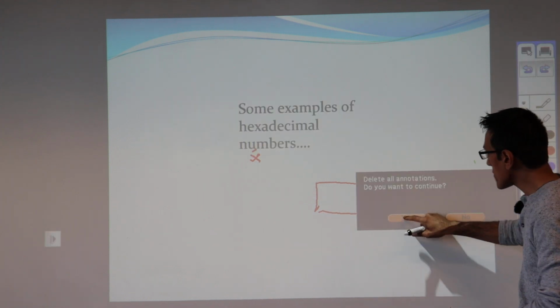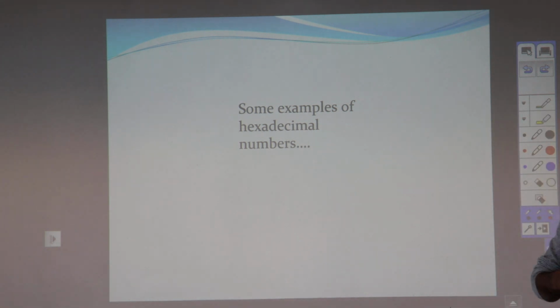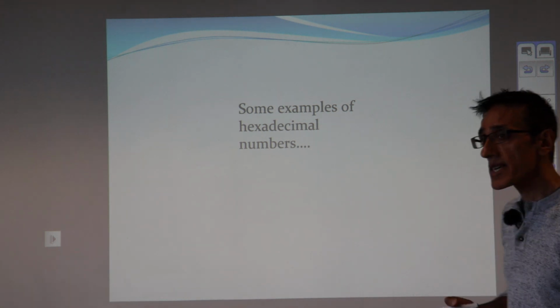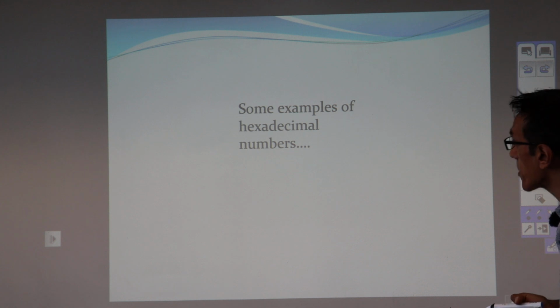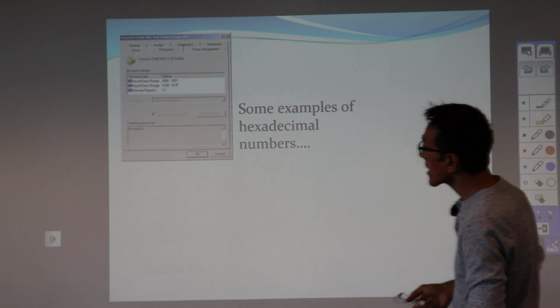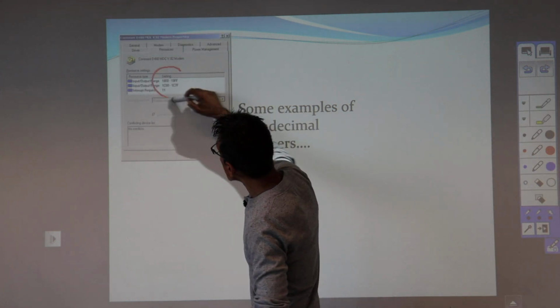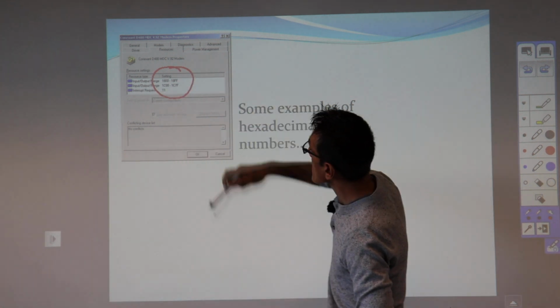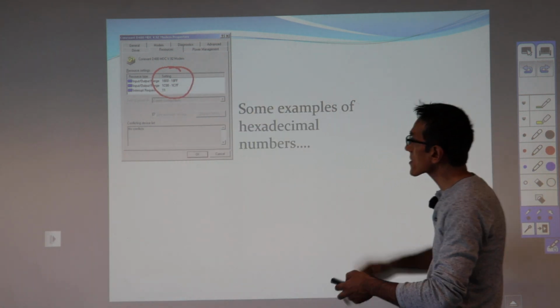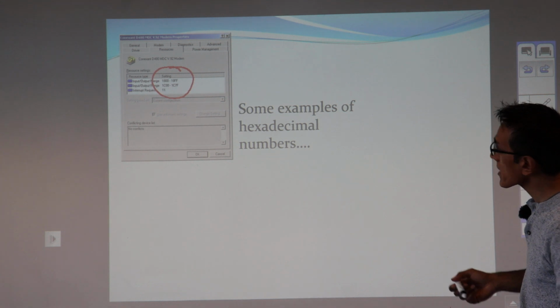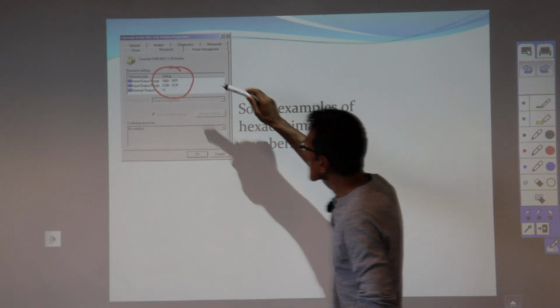Here are some examples of hexadecimal numbers as they are displayed or used in the operating system. This is showing the memory range of some sort with an old device called a modem.